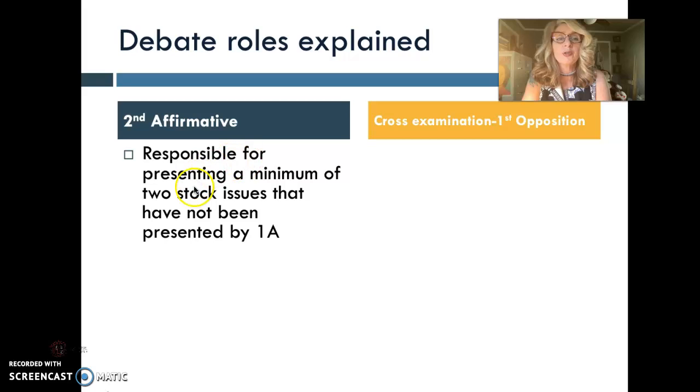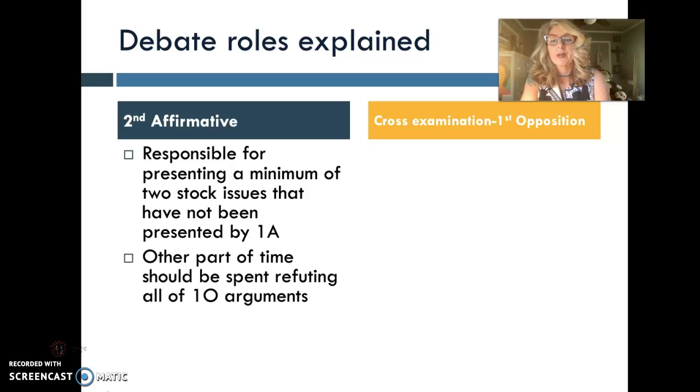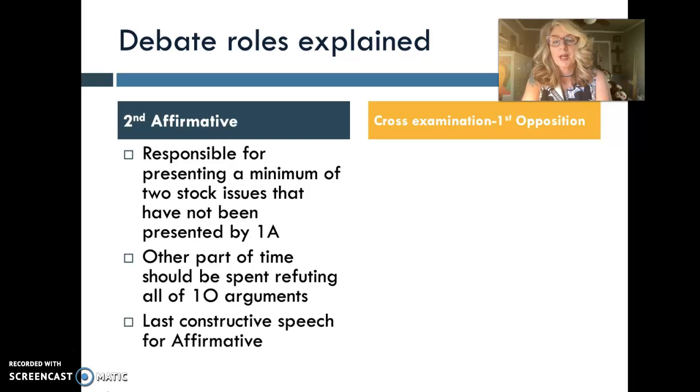But they can also repeat stock issues with new information. The other part of the time should be spent refuting all of the first opposition's arguments. That means 1-0, not 10. So this is the first time you get to see some refuting in this.